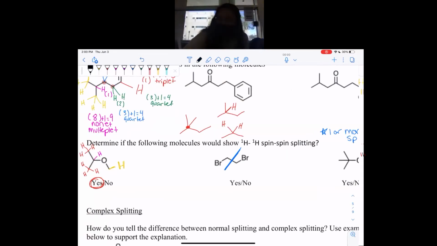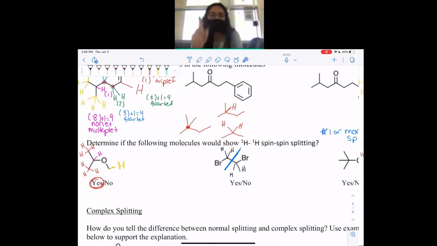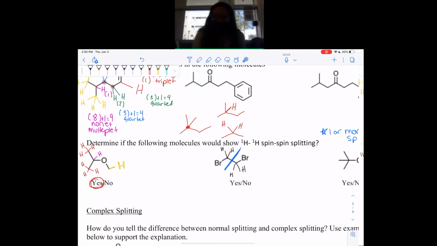So let's draw them out. 1, 2, 3, 4. So we have 4 different hydrogens present, but we only have one signal because there's a line of symmetry down the middle. This is exactly the same as this. So all of these hydrogens are exactly the same. It's all one signal.